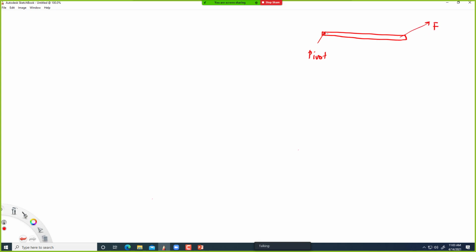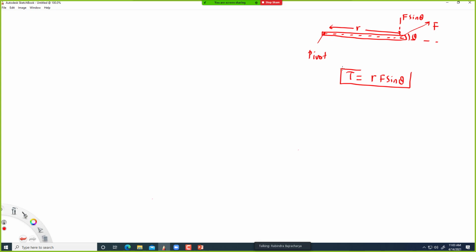Torque is this distance r times the perpendicular component of this force. So let's say this is theta. This perpendicular component is F sine theta. So F sine theta, that's how you find the torque.